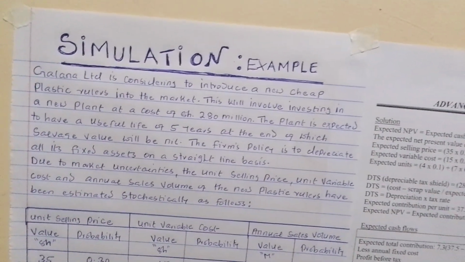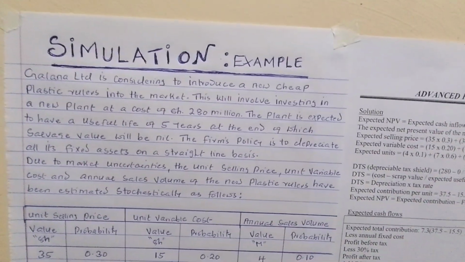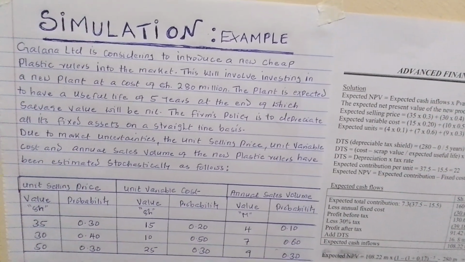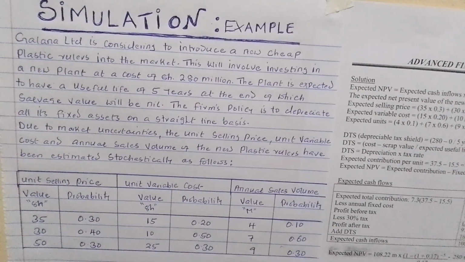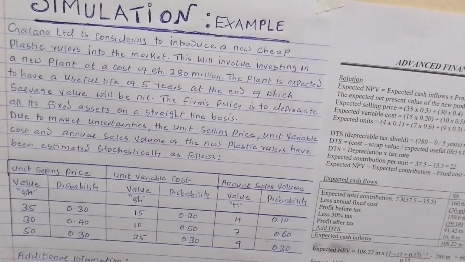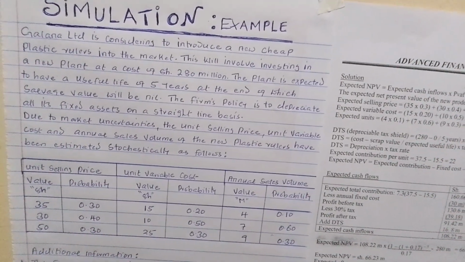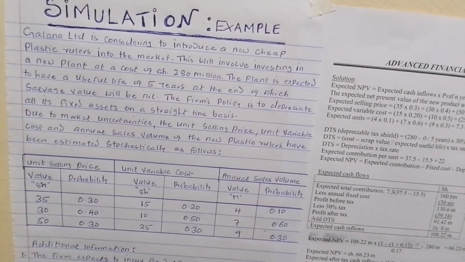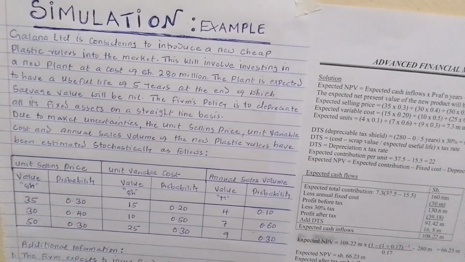Now you are told that Galana Limited is considering to introduce a new cheap plastic rulers into the market. This will involve investing in a new plant at a cost of shillings 280 million. The plant is expected to have a useful life of 5 years, at the end of which salvage value will be nil.